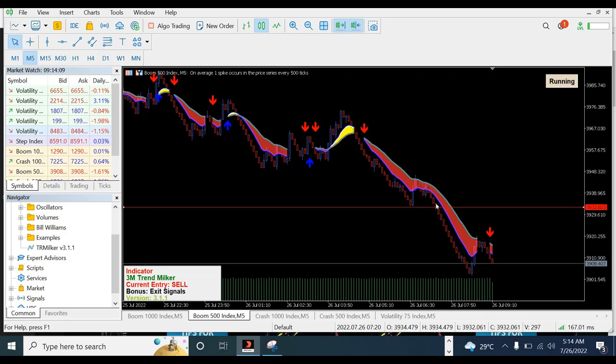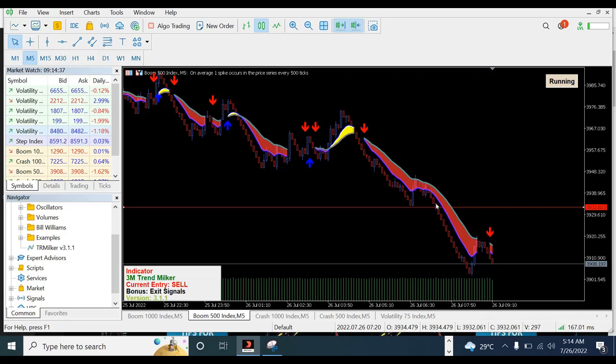And boom and crash assets are divided into 6 different parts. Boom has 3 different assets under it, while crash also has 3 different assets under it. For boom and crash, we have boom and crash 1000, boom and crash 500, and boom and crash 300. As the figures go down, so also does the volatility of the market of such an asset go up.